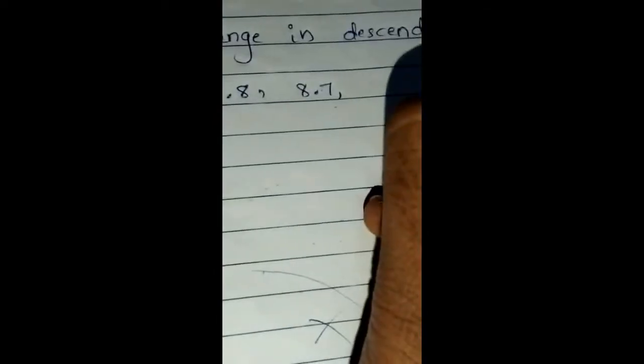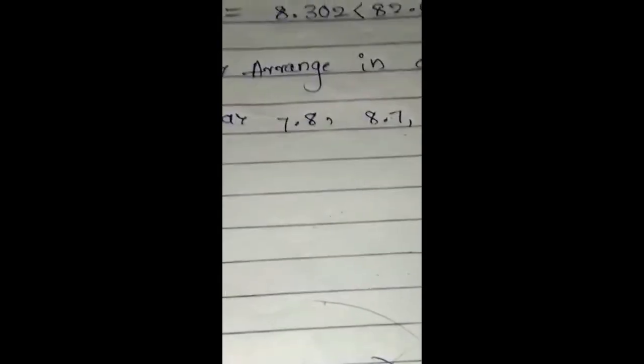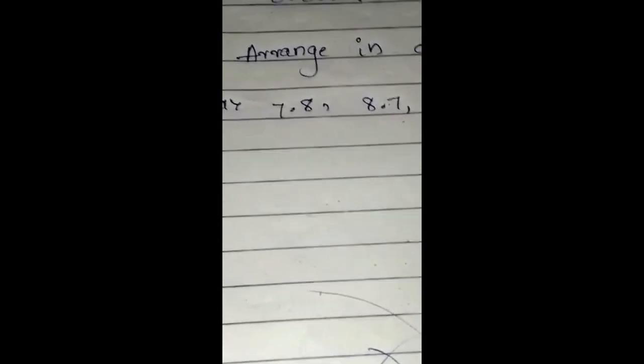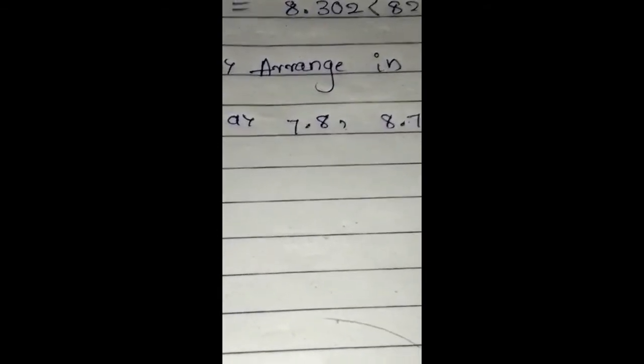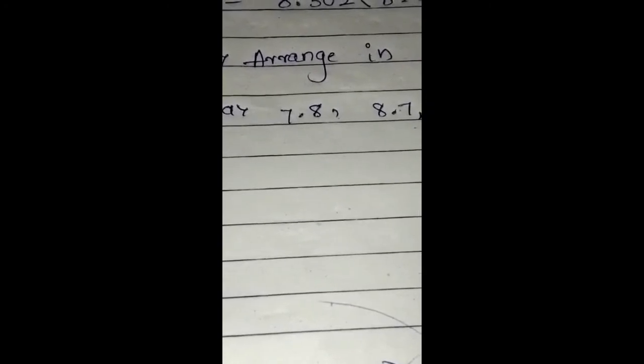So students, ascending means writing numbers from smaller to greater, and descending means writing numbers from greater to smaller.